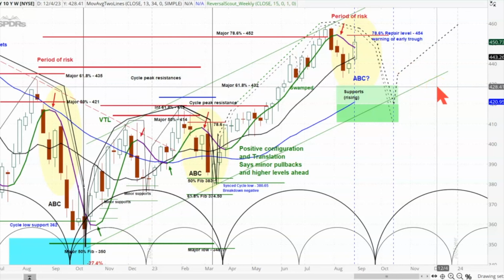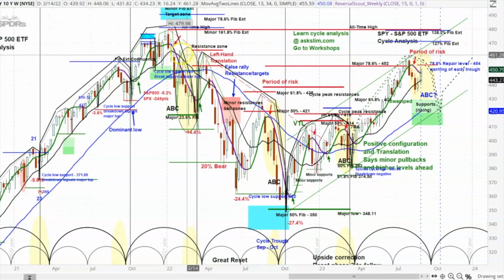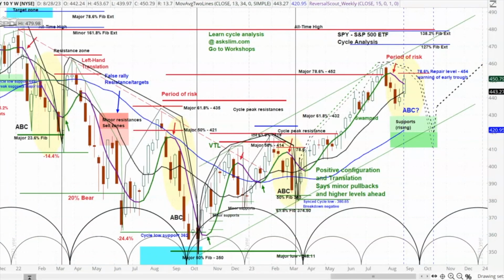Now, I want you to note the importance of the shape of what's going on right now. In the past, we've had these ABC corrections in these periods of risk. What does that look like? Well, right over here, you can see as it broke down in the period of risk, it then had a reversal back to the upside and then moved down again.